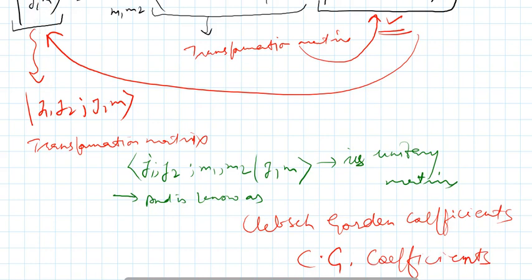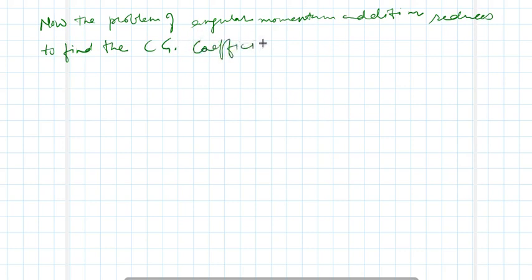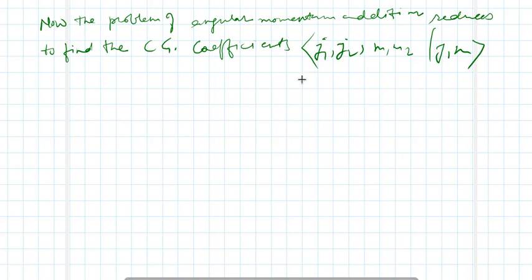That means now the problem of angular momentum addition reduces to finding the CG coefficients, that is <j1, j2, m1, m2|j, m>. That's what we require here, right?